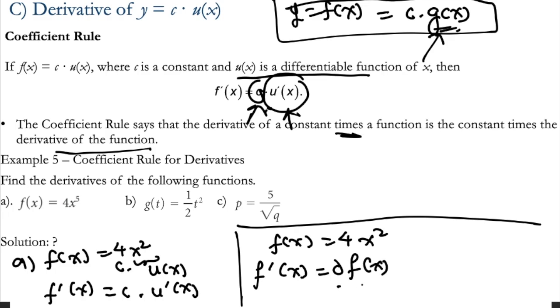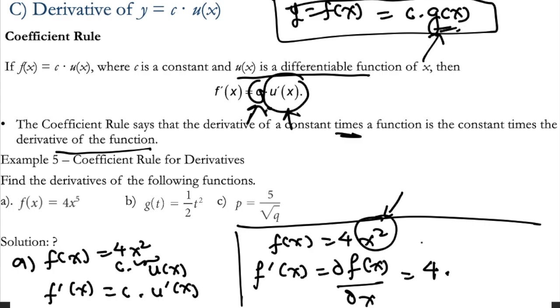delta f(x) over delta x, the constant stays the same, leave it just like that, but multiply by the derivative of this part. Because you have learned the power rule, you can use the power rule to solve it. If it is a different kind of function of x, for which you can't use the power rule, you use a different rule that you learn later.